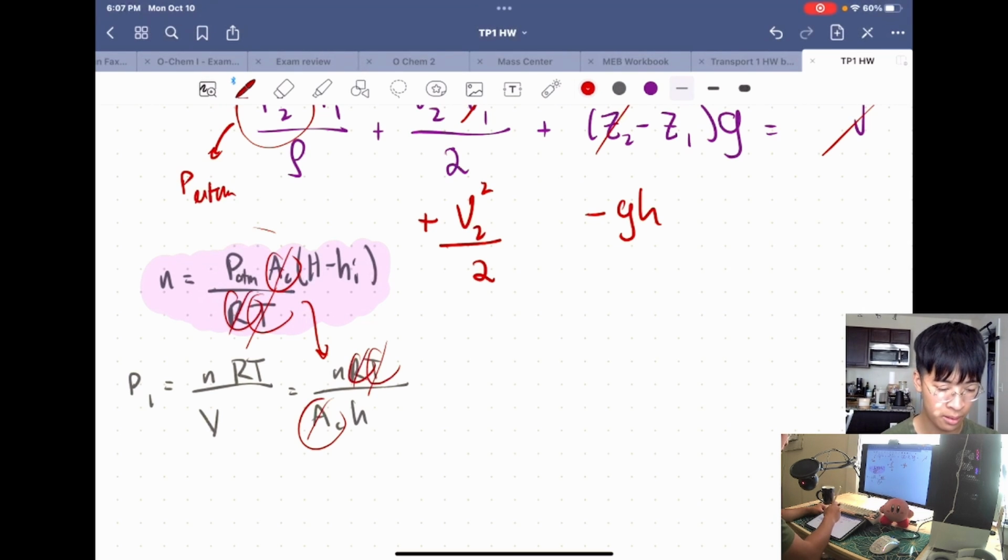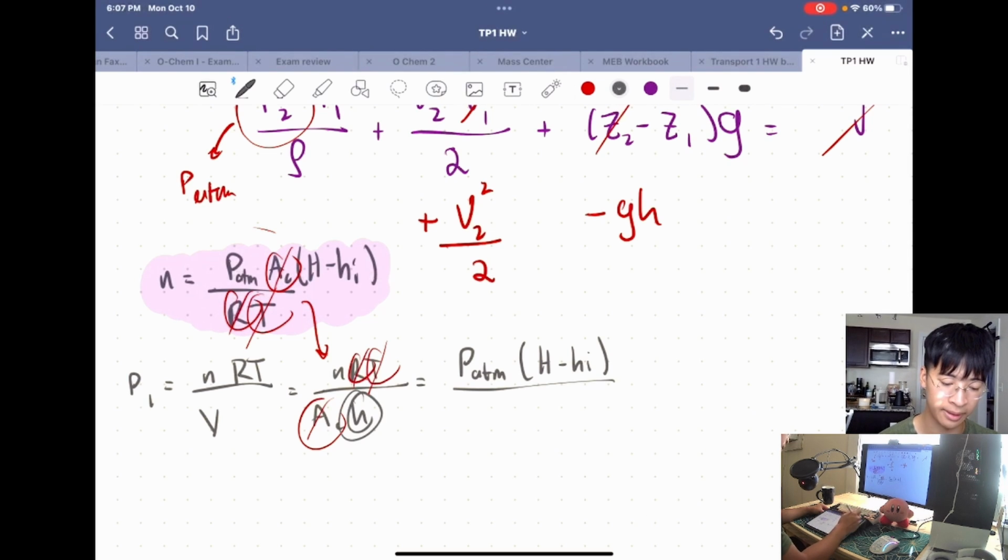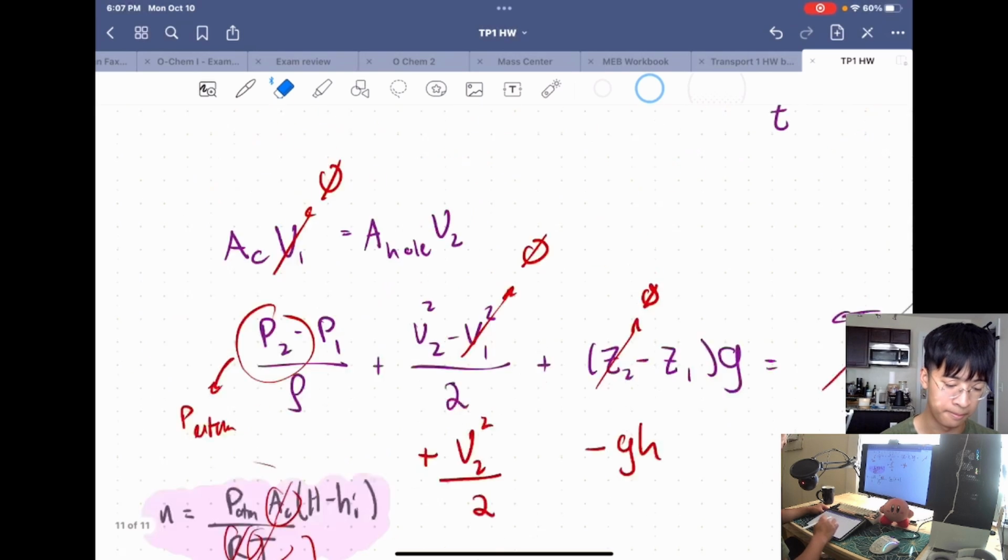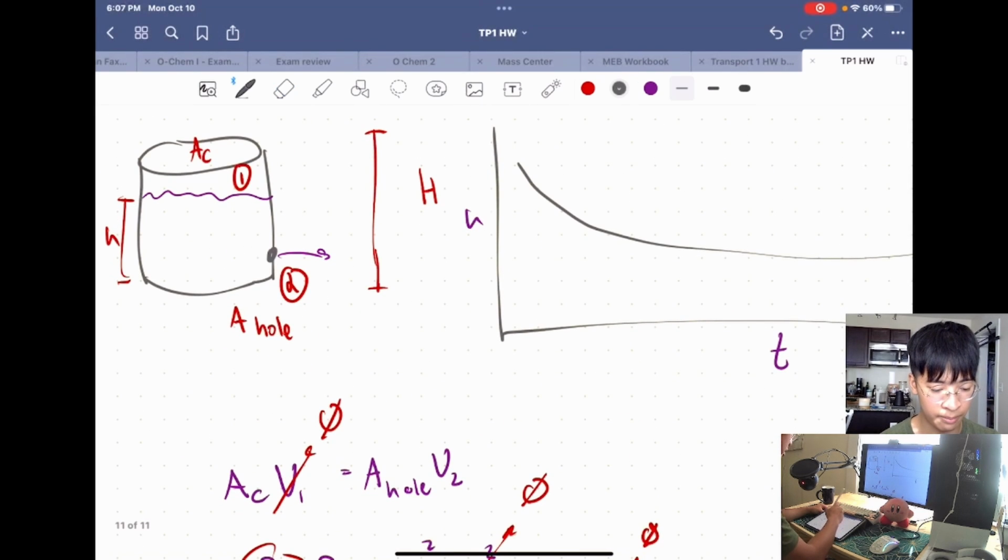So P1 is equal to atmospheric pressure multiplied by H minus HI over, I just realized I misdefined that variable. This should be this height right here, which is changing.